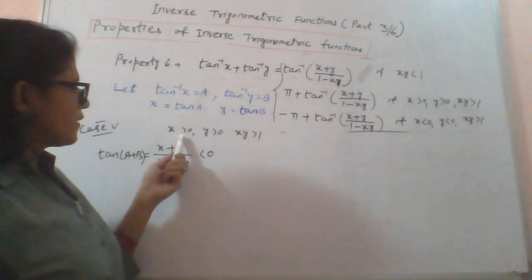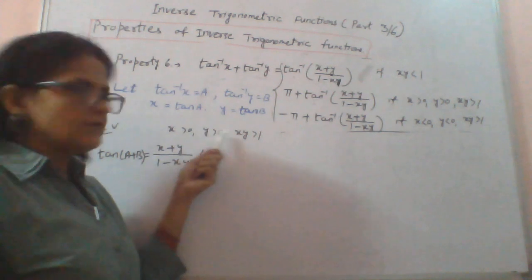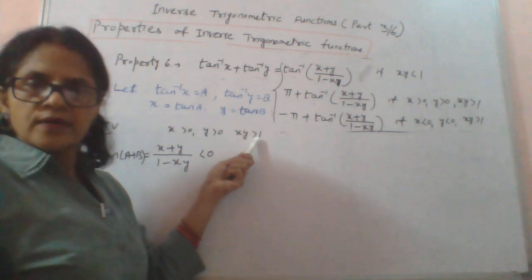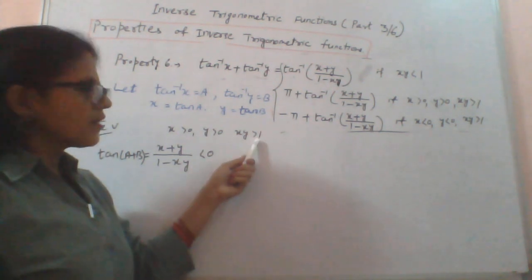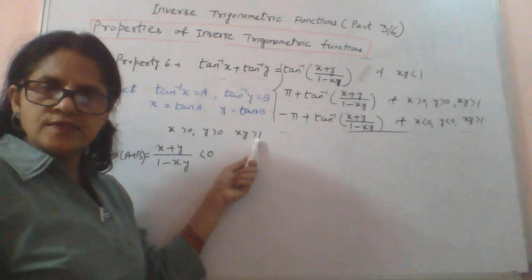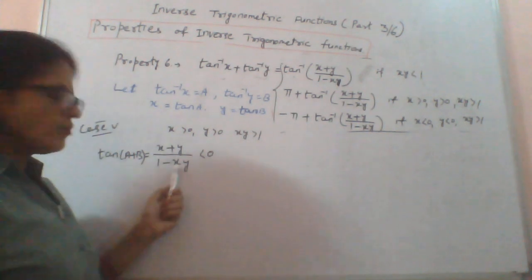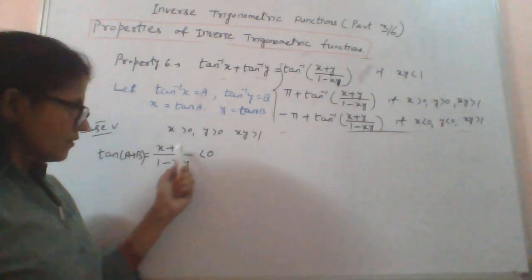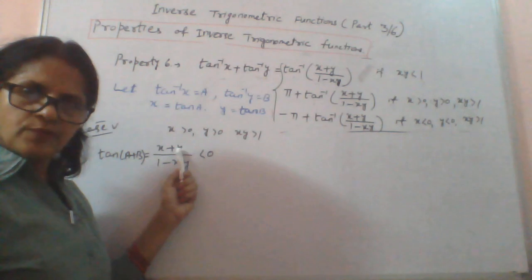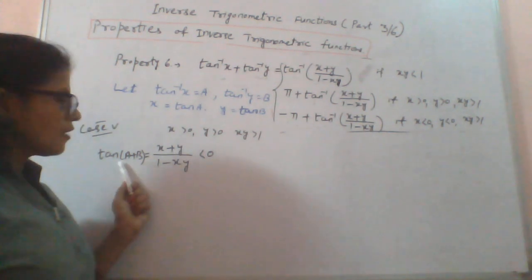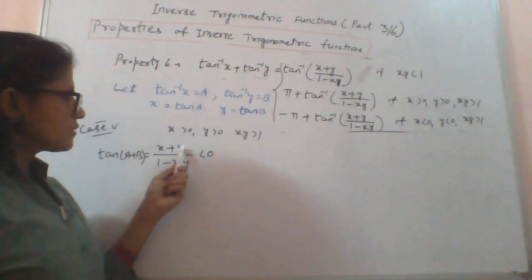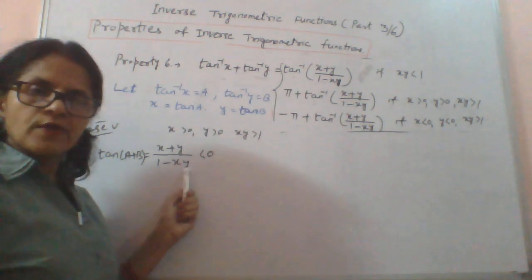So here you see, when x, y both are positive, xy greater than 1 means 1 less than xy, means 1 − xy is less than 0. So the denominator is negative, the numerator is positive, because x, y both are positive. So tan(a + b) = (x + y)/(1 − xy) is negative.